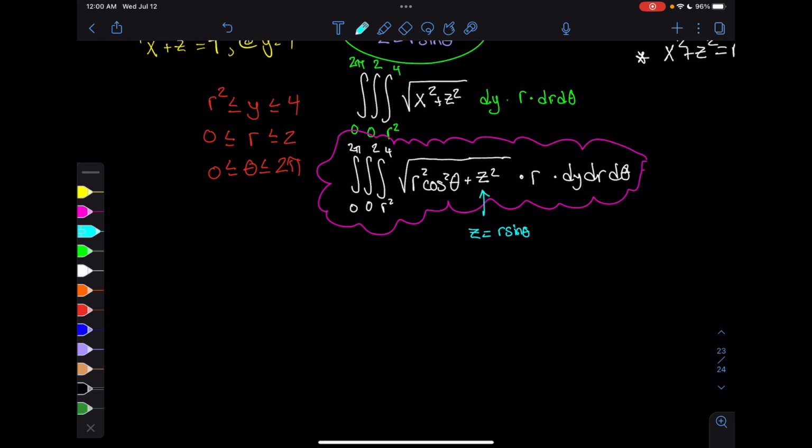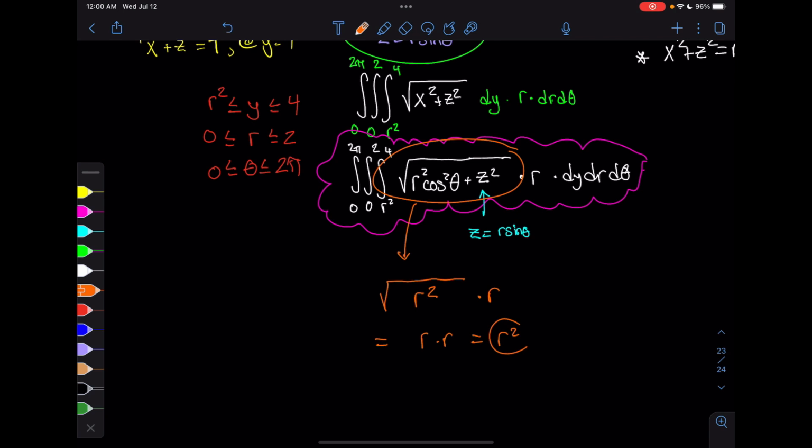And hopefully we know at this point what happens when we have r squared cosine squared plus r squared sine squared theta. Basically, the stuff inside our square root is going to become the square root of just r squared. And then we'll have a times r on the outside. So this thing just becomes r times r, which is just r squared.